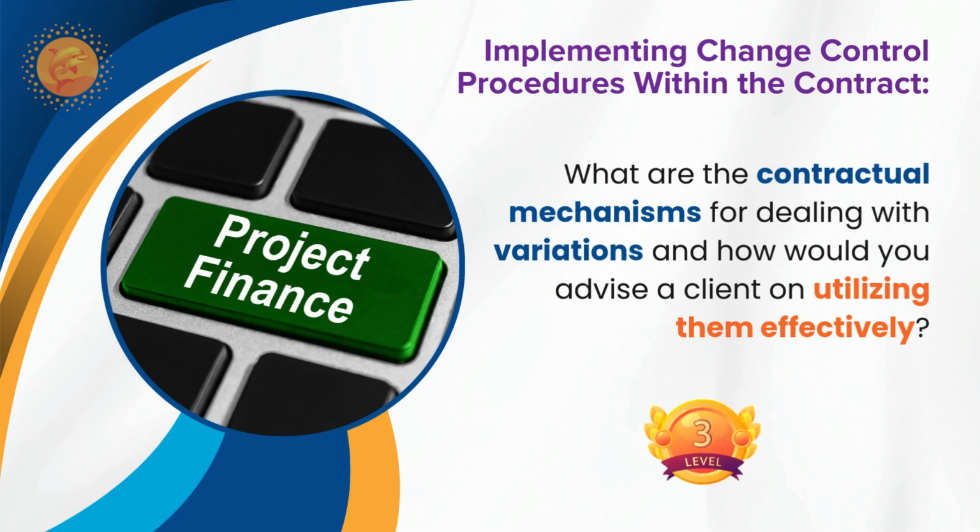Sir, as per FIDIC, is there a timeline mentioned, if the employer instructs the changes, for the time period for replying by the contractor? 14 days or 7 days like this? No, it is not like that, because it's not definitely mentioned in FIDIC, a timeline to submit the proposal or acceptance or rejection.